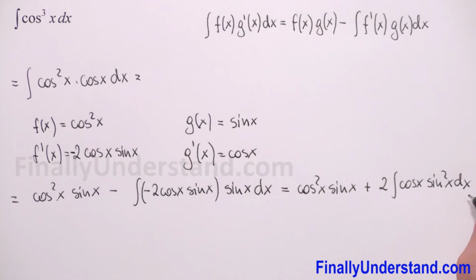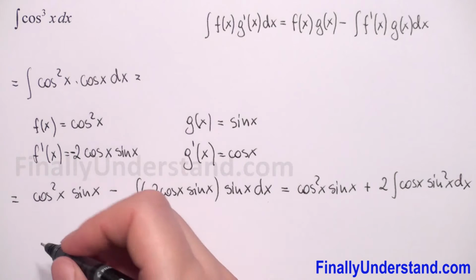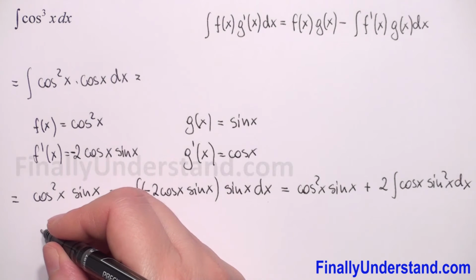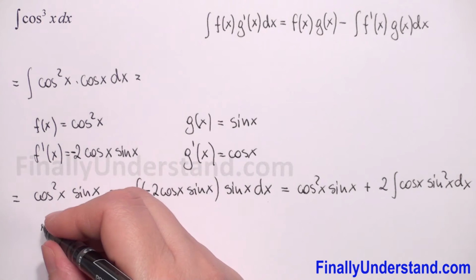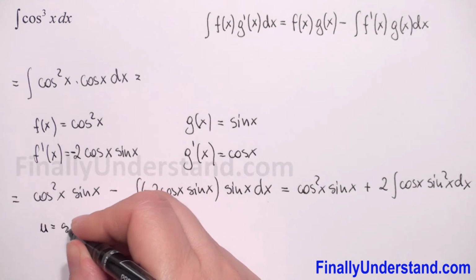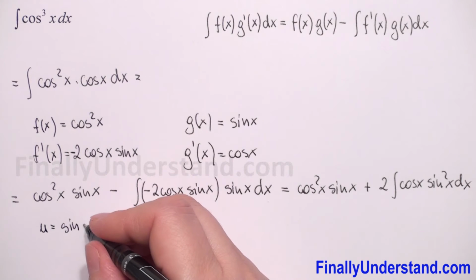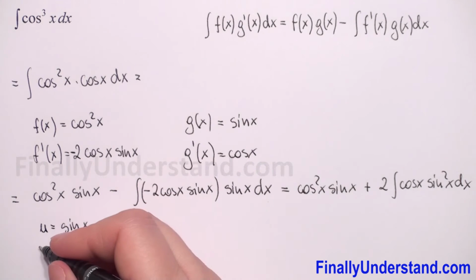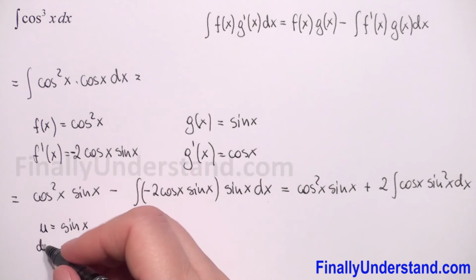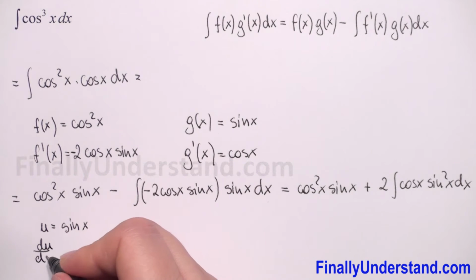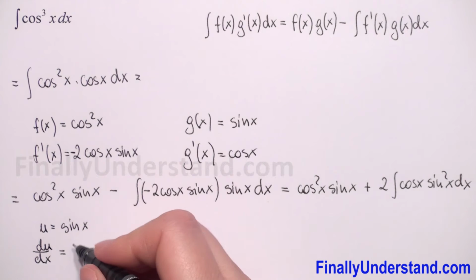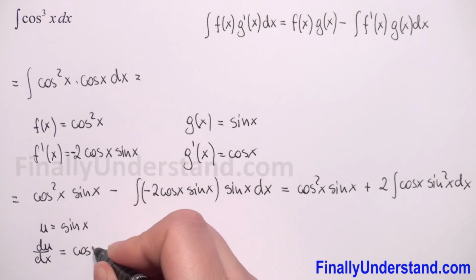So now I will use the substitution method, and I will put that sine of x is equal to u. Let me write this. We have u is equal to sine of x. So du over dx is equal to cosine of x.